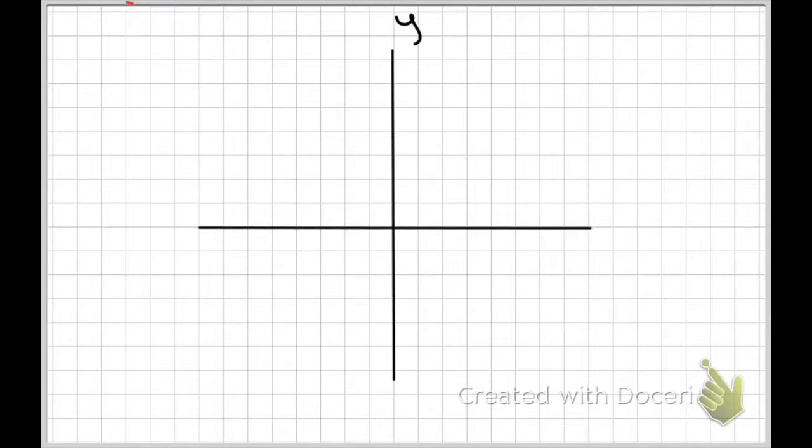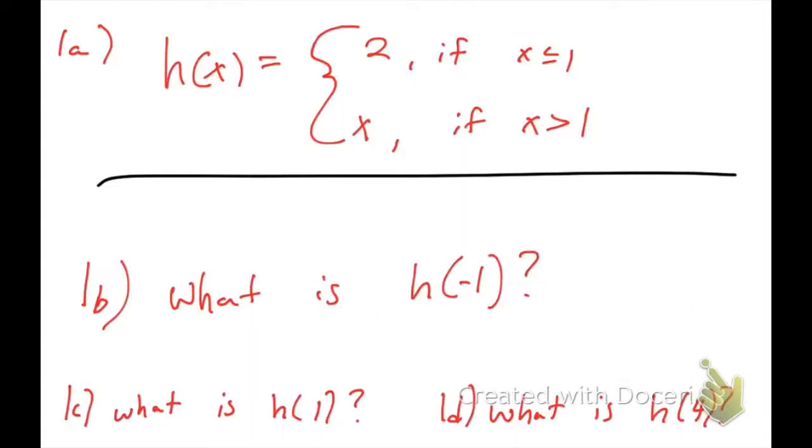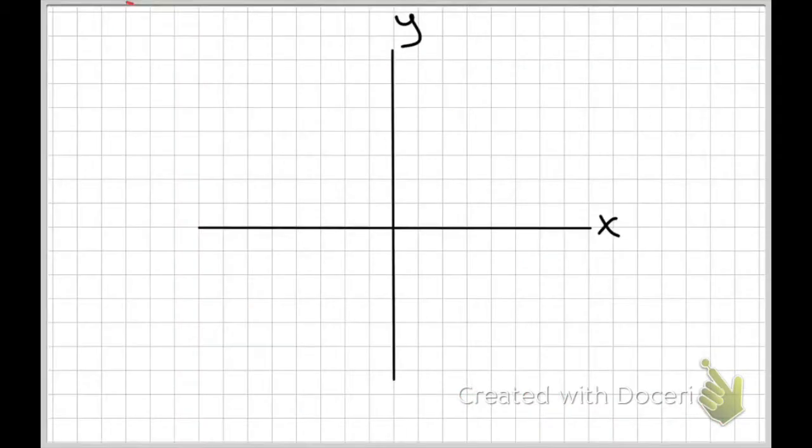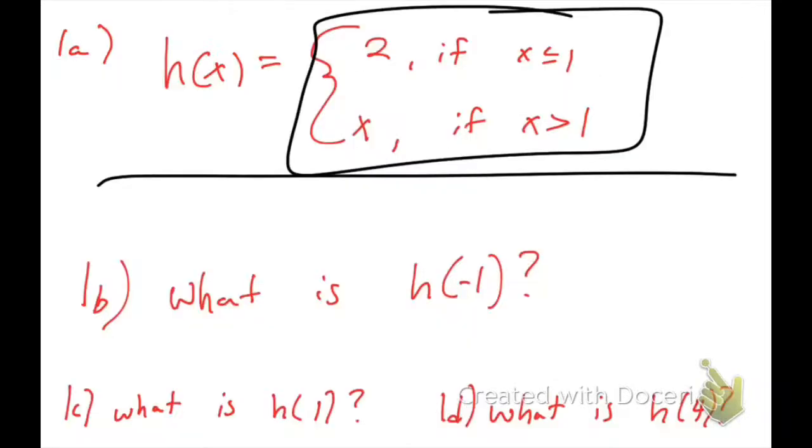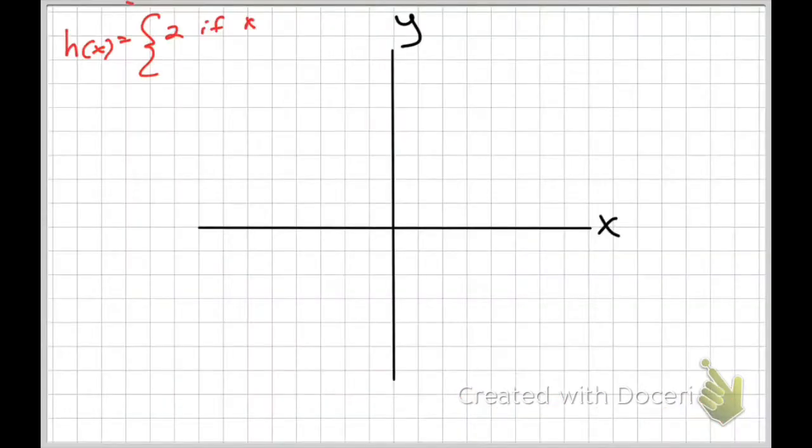We have our x and y axis, and we'll be graphing these two functions here. So h of x is equal to 2 if x is less than or equal to 1. We're going to be graphing x if x is greater than 1.